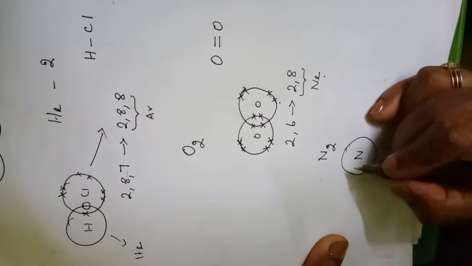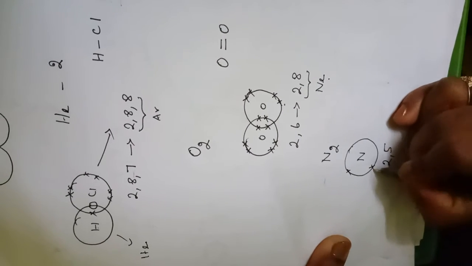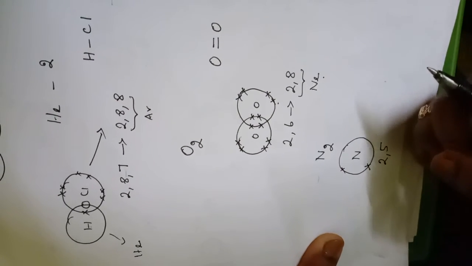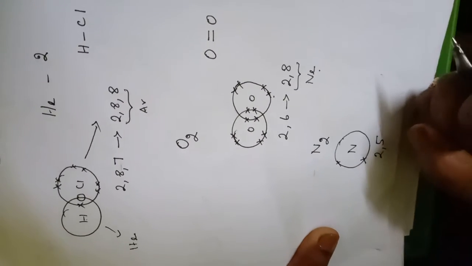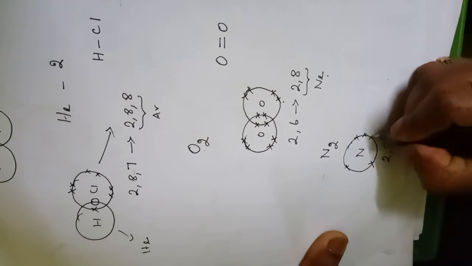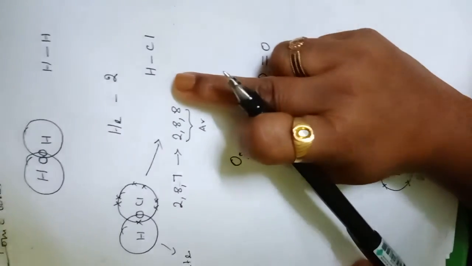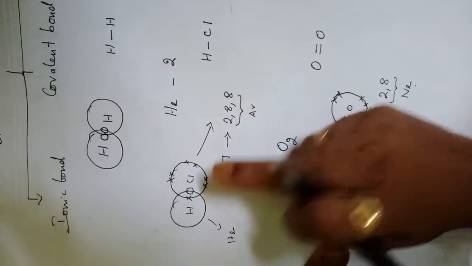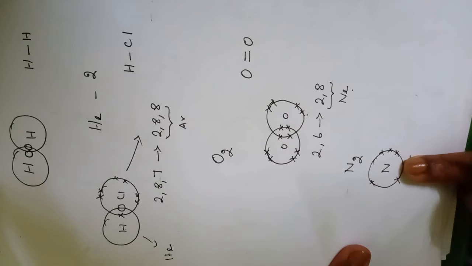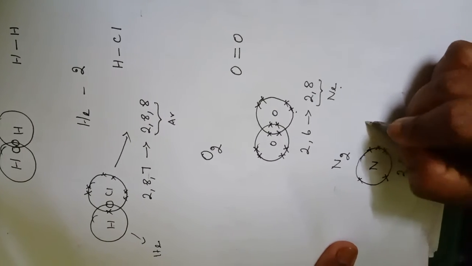This has 5 electrons in the outermost shell, so this needs 3 more electrons to become octet. If it needs 3 more electrons, this will share 3 electrons. If it needs 1, this shares 1 electron. If it needs 2, this shares 2. If this needs 3, this shares 3 electrons.